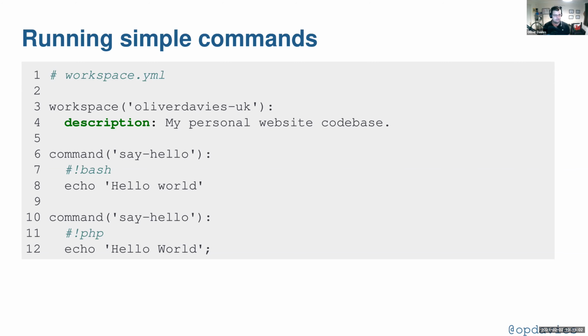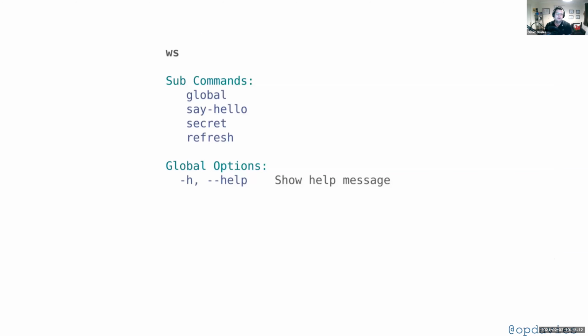We define our little opening shebang. Here on line 7 is Bash and line 11 is PHP, and then it's going to echo out hello world in both examples. So if we run our WS command again now, we see we've got the say hello subcommand that's been made available. And that's just from adding that command into our workspace YAML file.